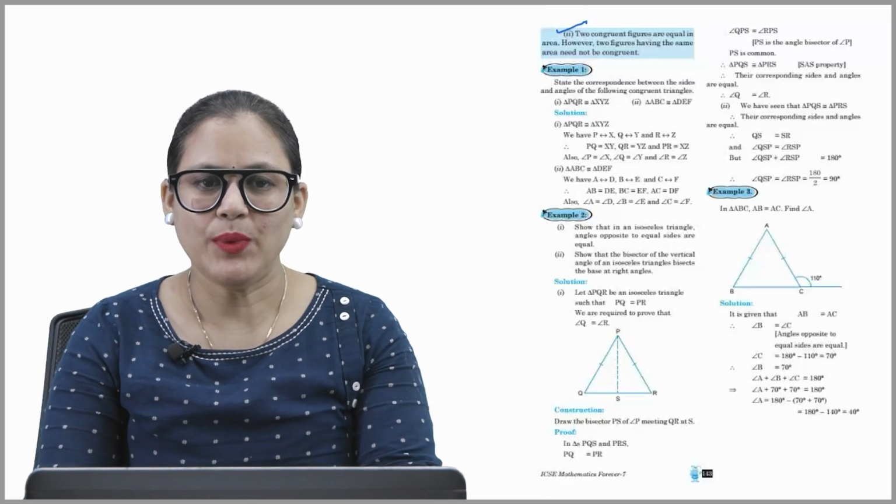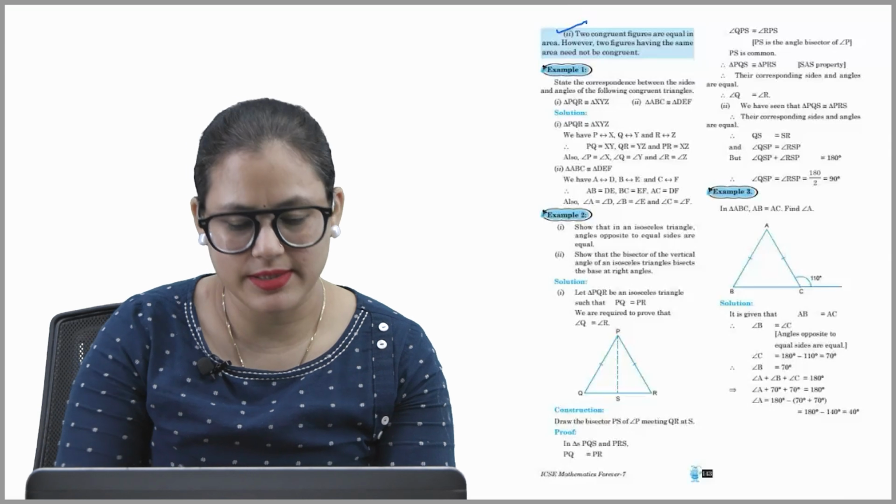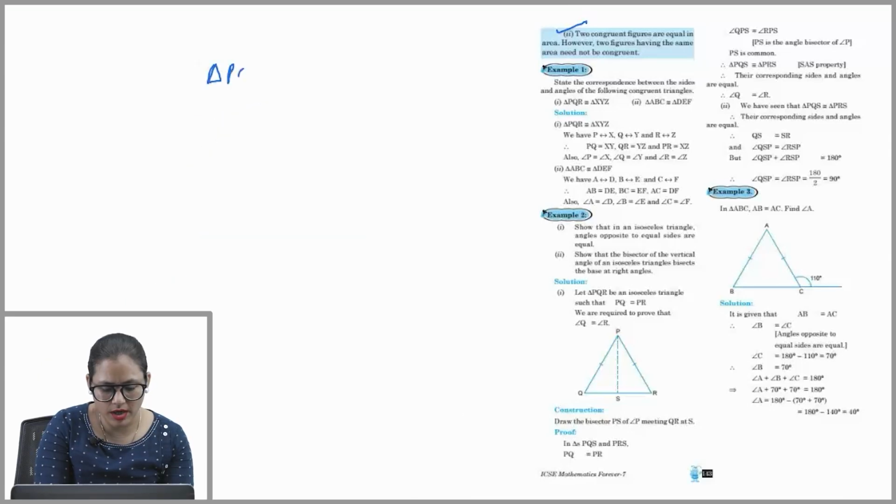Example 1: state the correspondence between the sides and angles of the following congruent triangles. Triangle PQR is congruent to triangle XYZ.